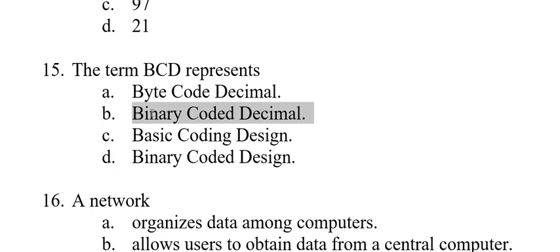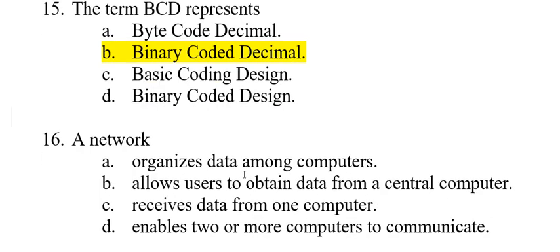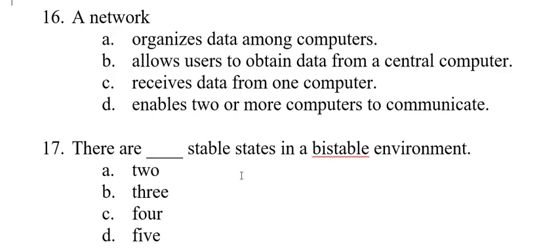This is the answer for it. Okay, binary coded decimal. Okay, a network. The answer for that enables 2 or more computers to communicate. The answer is B. The answer for number 16 is B.